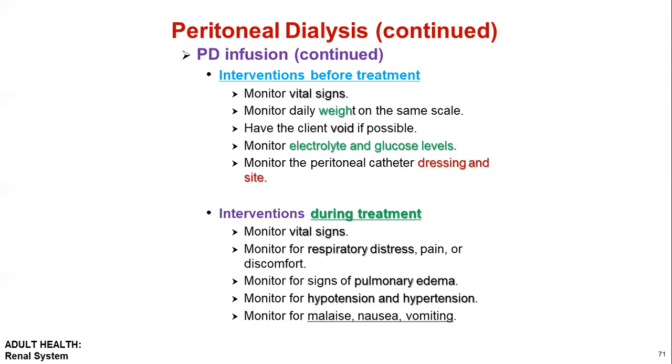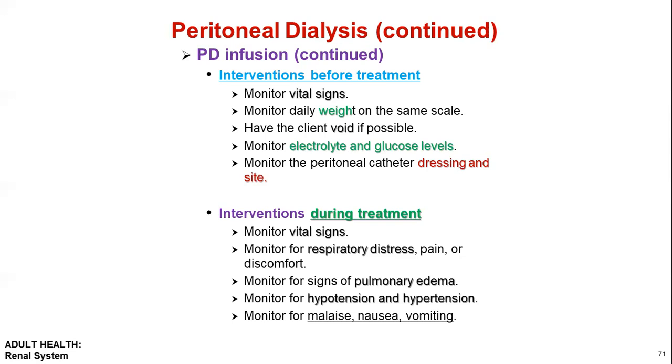Let me recap the before-treatment part: monitor vital signs, measure body weight every day using the same scale, tell your patient to void, monitor the blood, urine, electrolyte and glucose levels, and monitor the peritoneal catheter dressing and site.